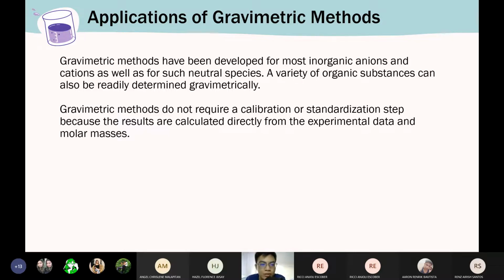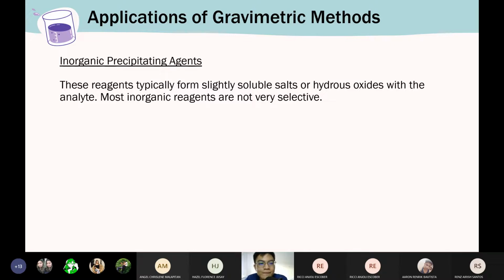But there are some daw na pwede aralin. I never encountered organic compounds analyzed using gravimetry. But in case na meron kayong prob set, sa prob set 1, in case na ganun yung method nyo, at least makikita nyo na ay, ganun pala yung ginawa. Okay? That's just gravimetry.